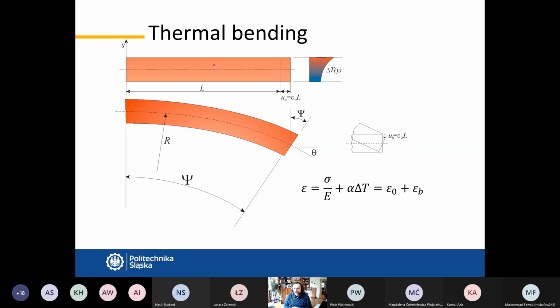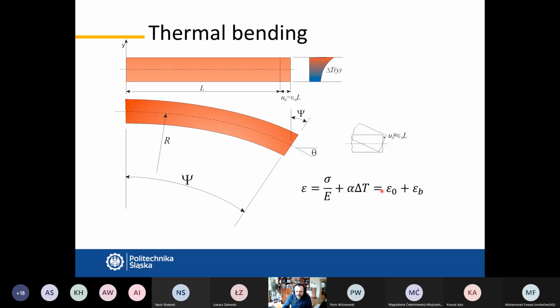If you look at the deformation, the strain, again we recall the same story over and over again. So the strain in the material of the object is, of course, the mechanical strain resulting from sigma over E, and strain resulting from thermal deformation or thermal expansion or contraction.